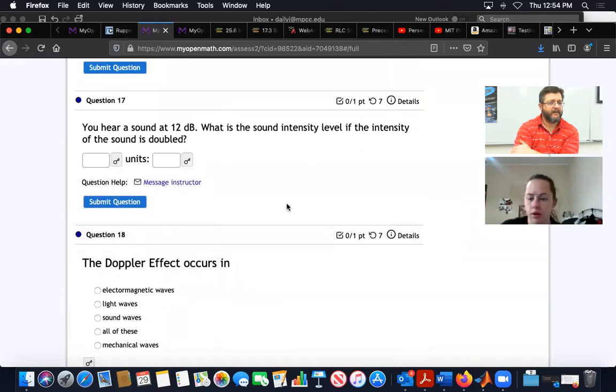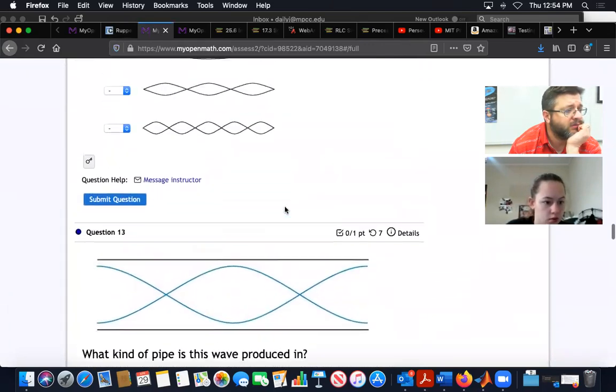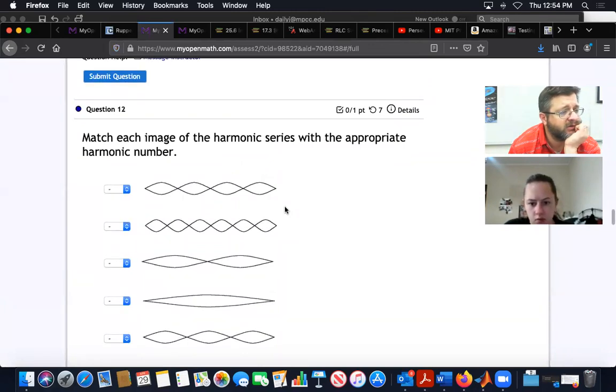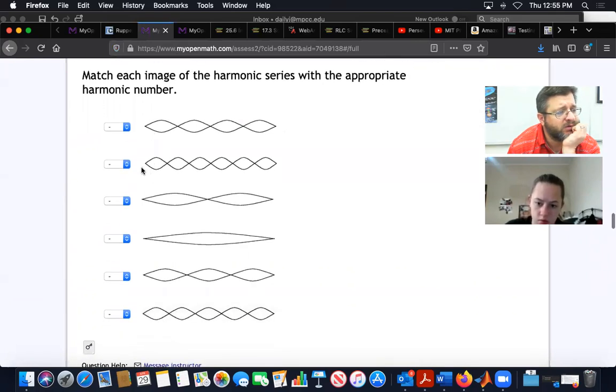Go ahead. When I first attempted number 12, it only let me enter one choice, and then it submitted automatically. Because all I got to choose is my first option, and then it's named my answer. Huh, that's weird. Like a glitch or something.